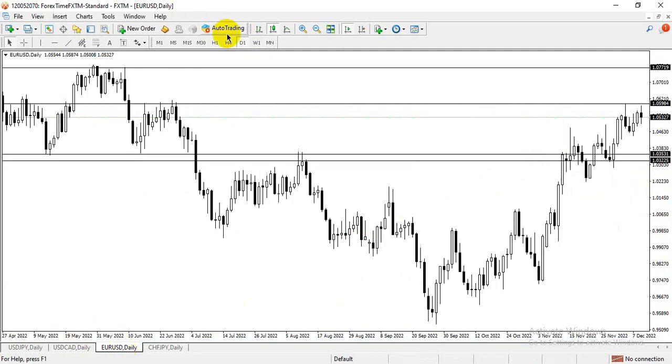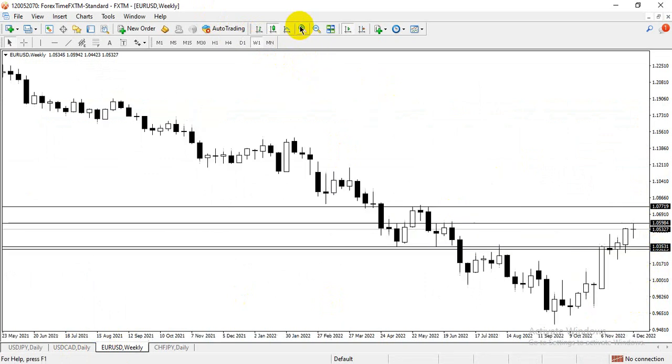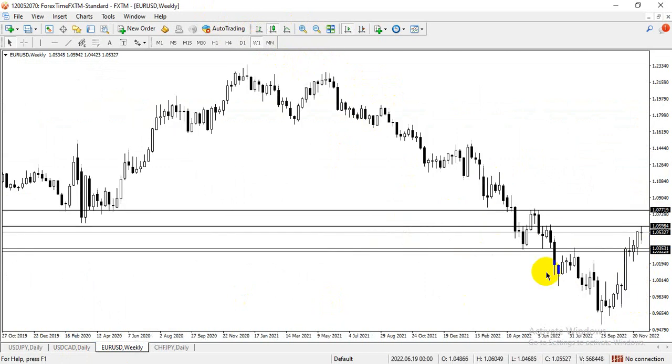Then for the Euro USD, let's go to the weekly chart. If you go to the weekly chart, you can see that the market has started a momentum of a bullish trend. How do we know that? You can see here the market broke down, retraced, continued, retraced, continued.